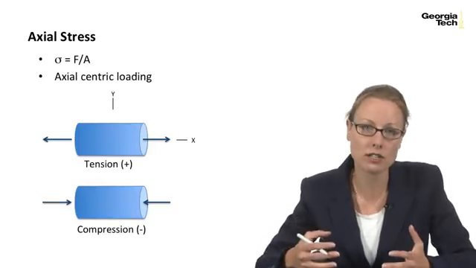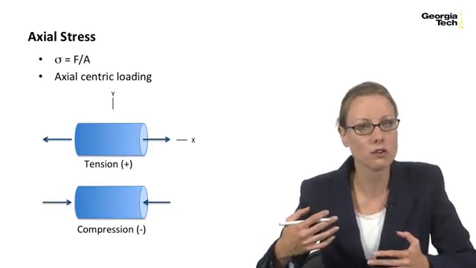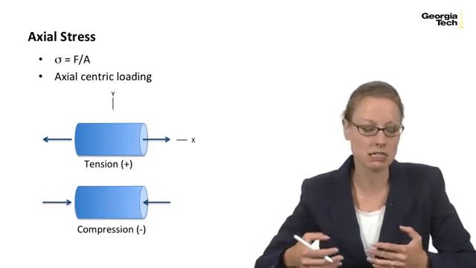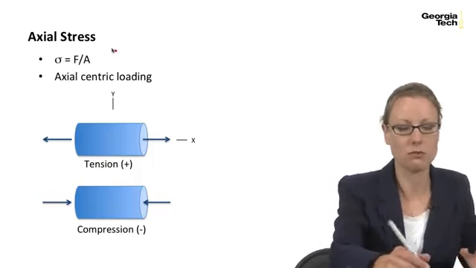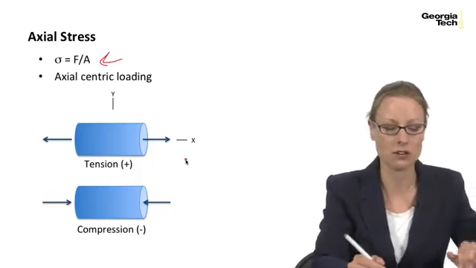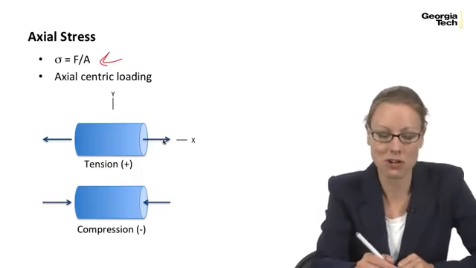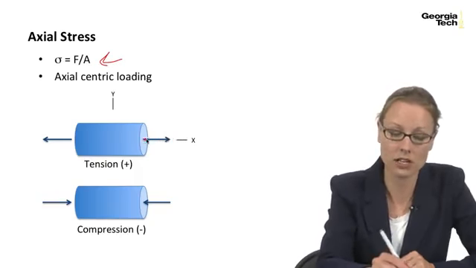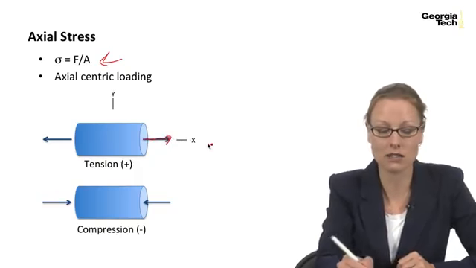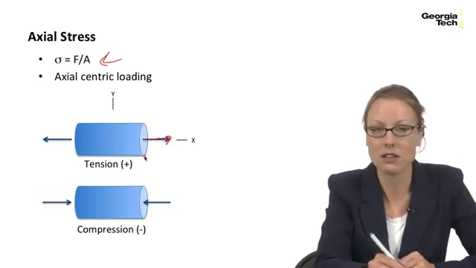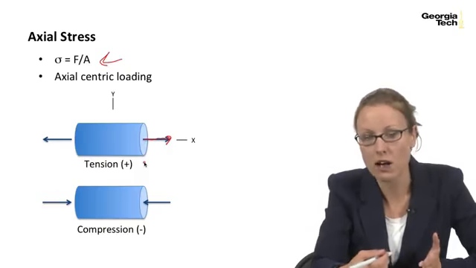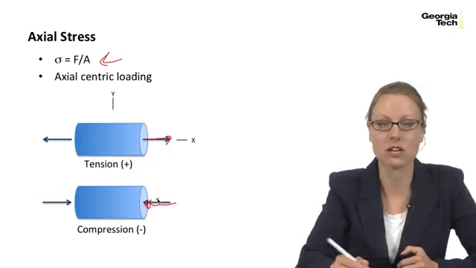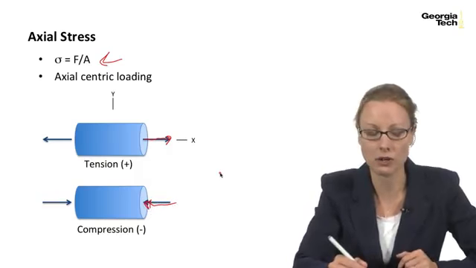So for axial stresses in this course, we're always going to assume you have axial centric loading. In this case, your stress will be your force divided by your area. In this course, we'll also have tension as positive. So for tension, the stress is moving in the positive x direction and therefore has a positive value, whereas compressive stresses, moving in the negative x direction, will have a negative value.